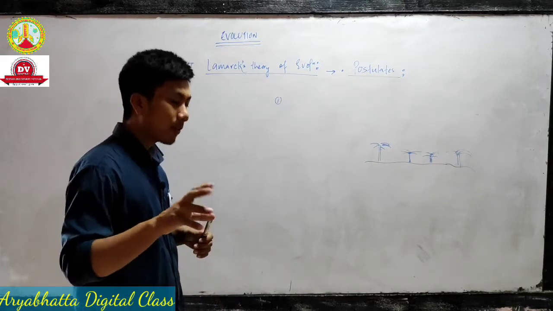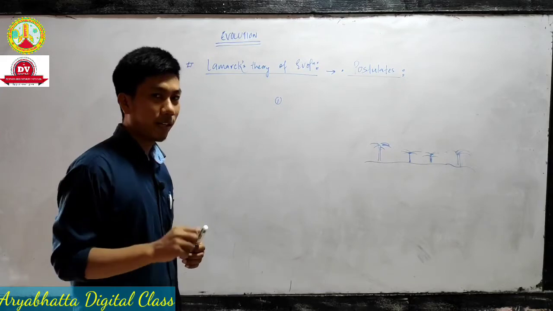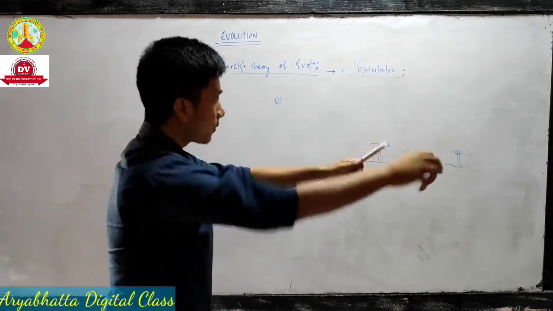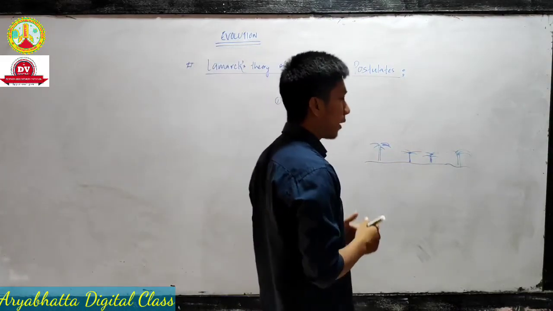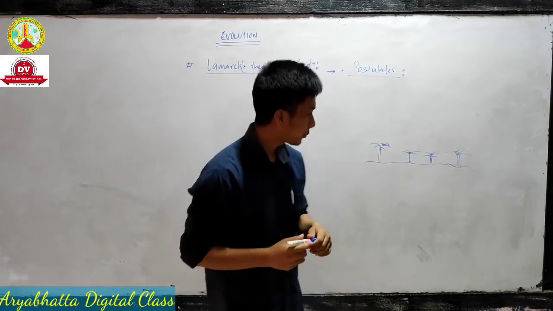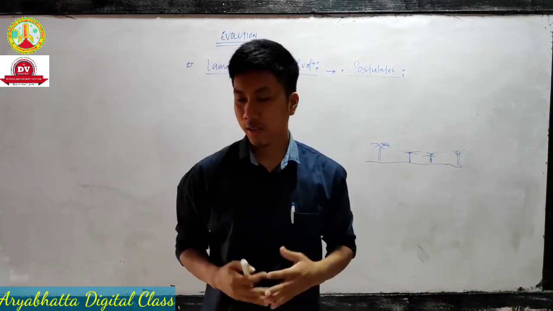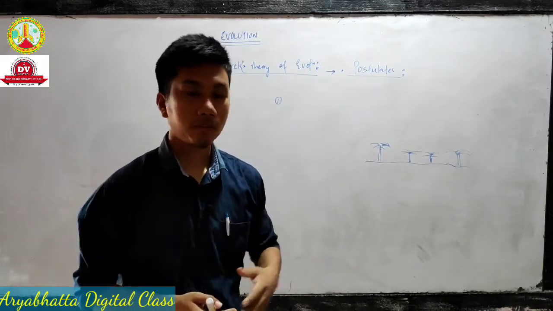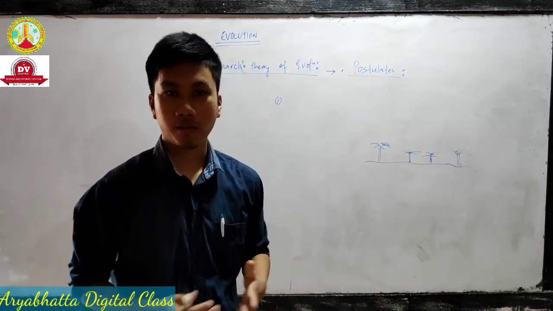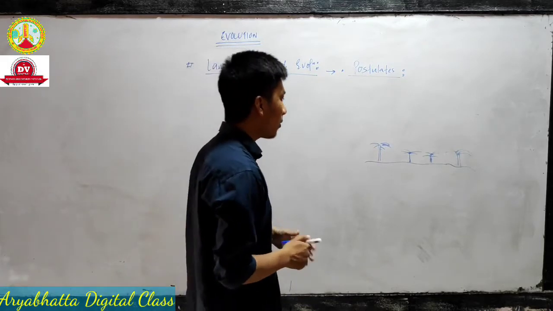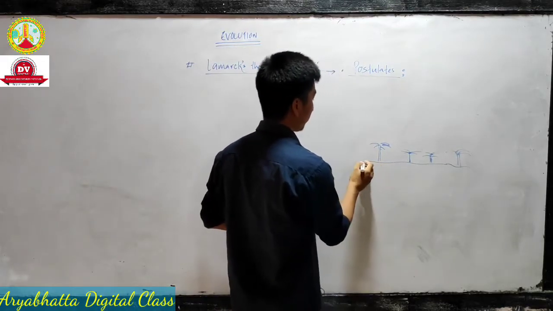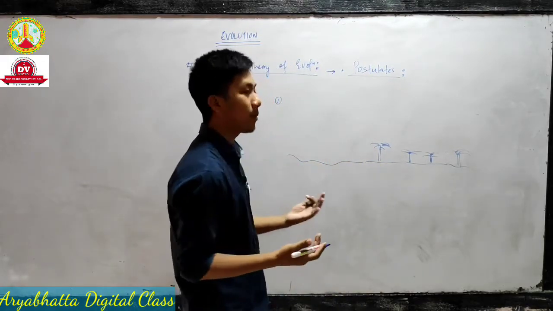Okay, let me explain one more time now with the diagram. Try to look at the diagram. During the evolution of life, at the initial stage when all the animals, the plants and all other living organisms were formed, there were small trees as well as big trees.